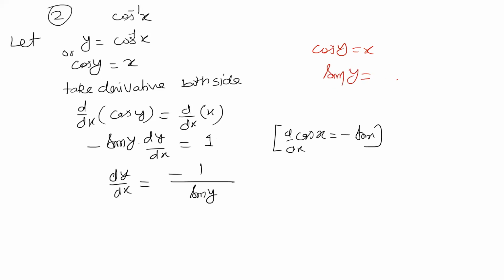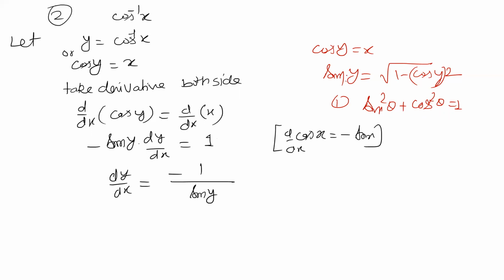For sin y, apply the first identity: under root 1 minus cos square y. Understood? I have already told you sin square theta plus cos square theta equal to 1. This is the first identity I am using to find sin y.